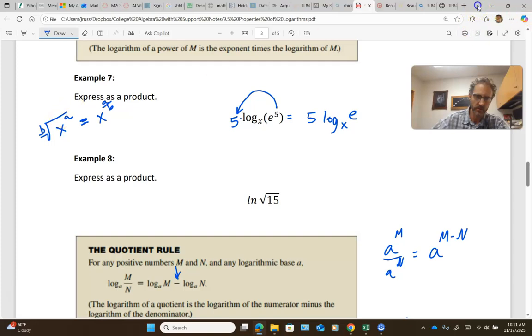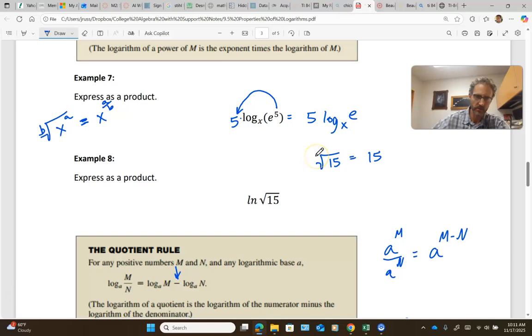Hopefully you vaguely recall this from 9.4. Knowing this property gives us a way to re-express a radical expression as an exponential expression. So in other words, I can rewrite the square root of 15 as 15 to some power. I just need to figure out what numbers are filling the roles of a and b.